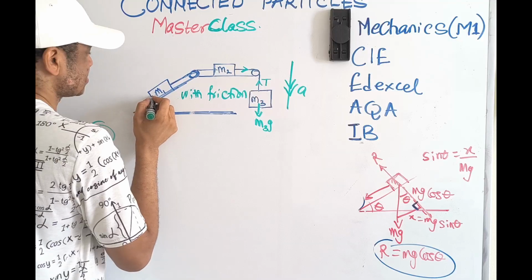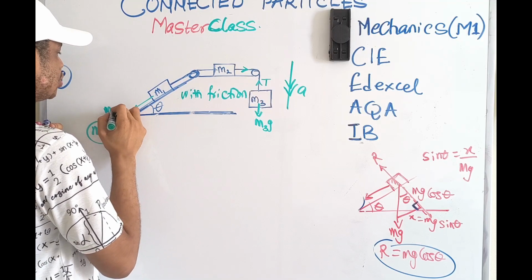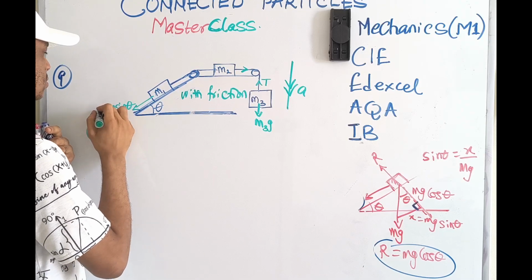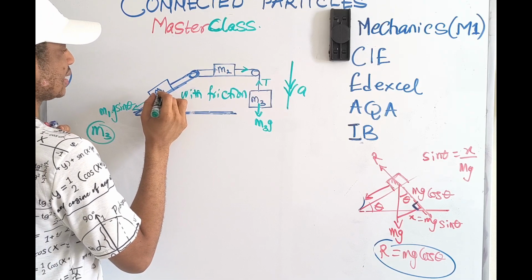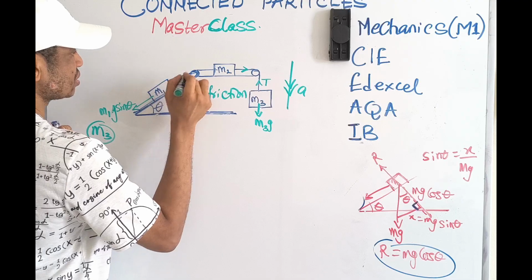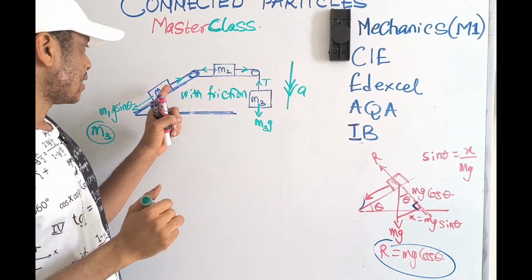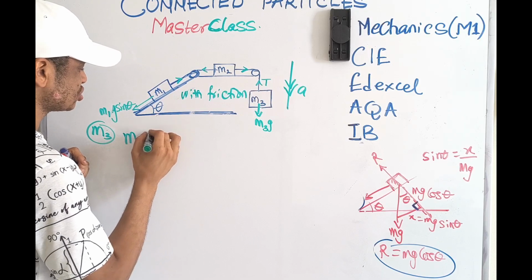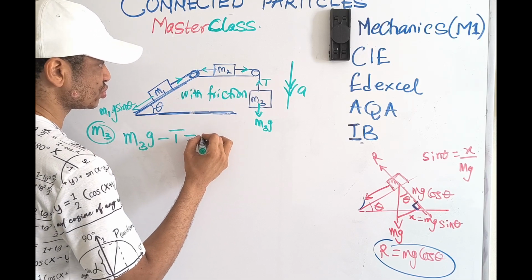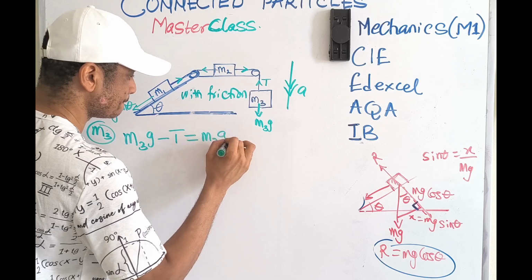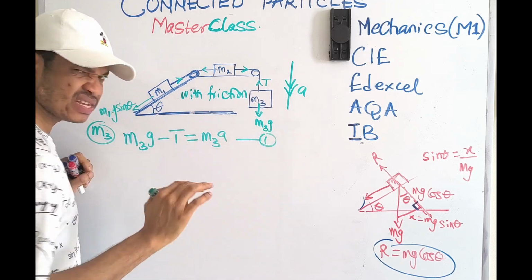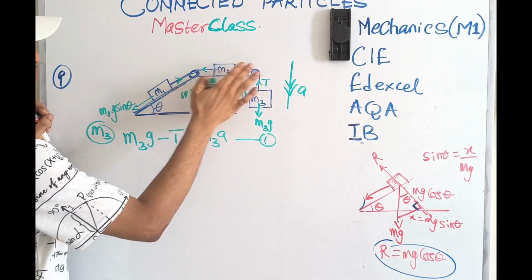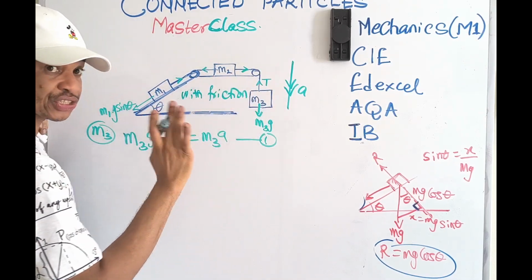This is m1g sine theta. So for m3, this will be easy: m3g minus T is equal to m3a. First equation, easy peasy. Down, up, ma.